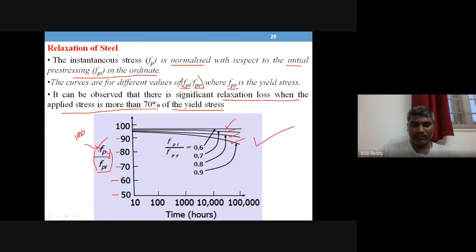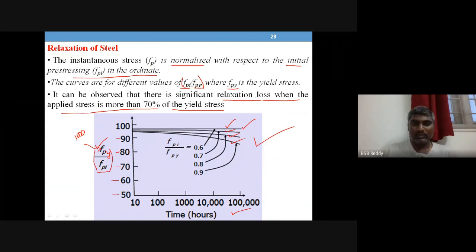This shows the loss value is more, and this shows that there is almost no loss at all, nil, zero for 50%. And this is the time in hours.